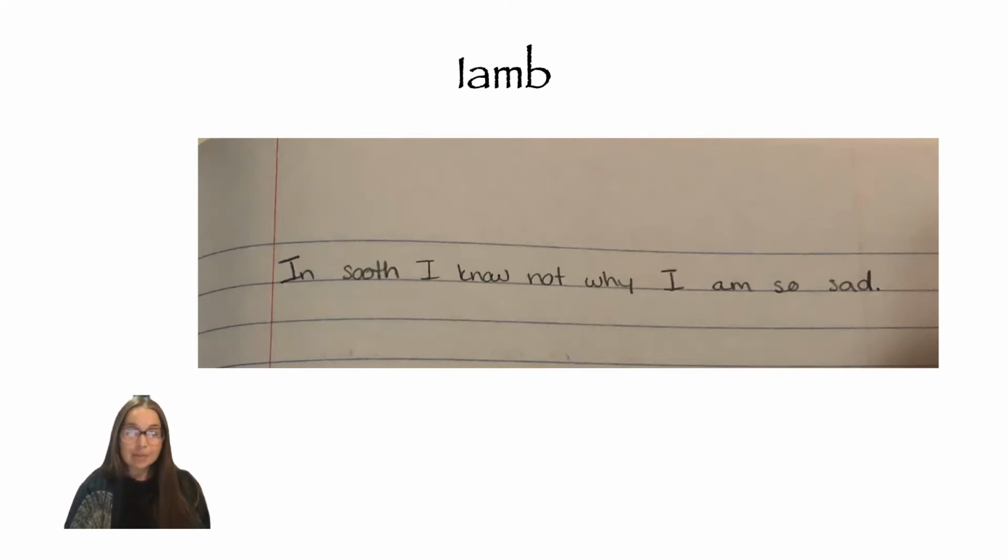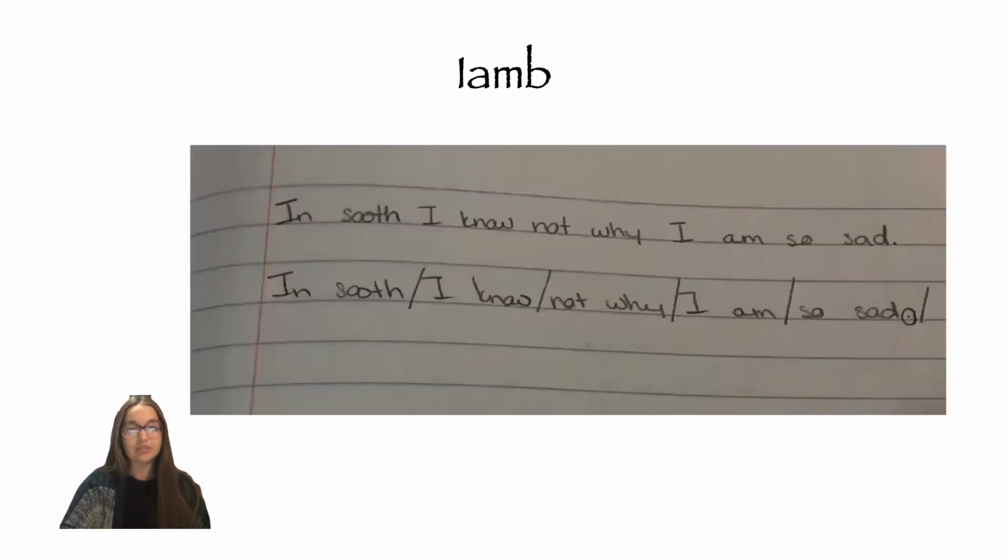And for scanning purposes, the first thing that I like to do is actually mark each foot. I use diagonal lines to separate each of the 5 feet in a line of iambic pentameter. I also like to go ahead and circle any ending punctuation, so a period, question mark, or exclamation point.